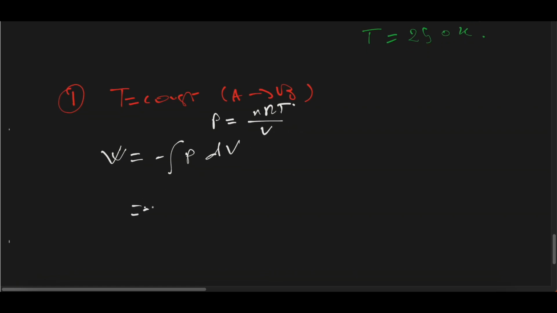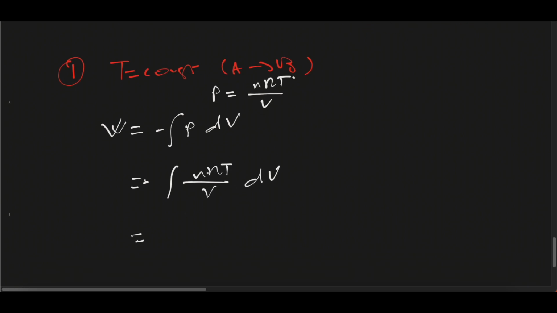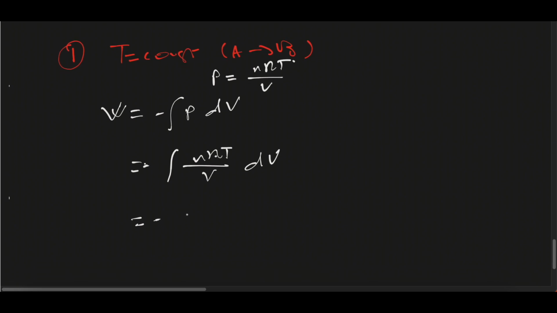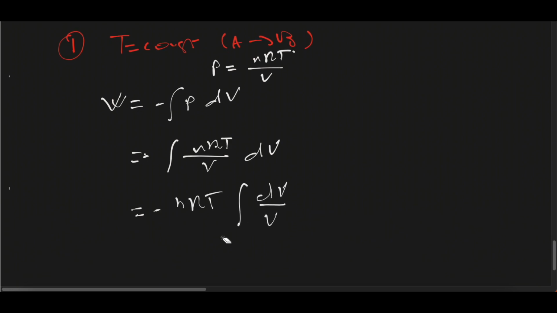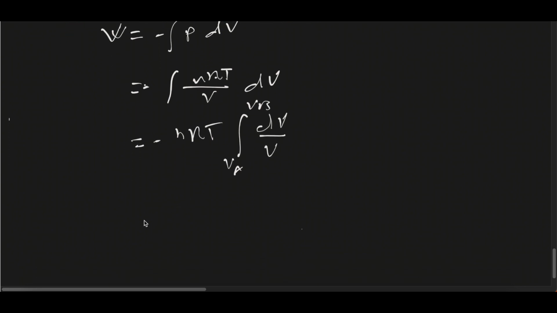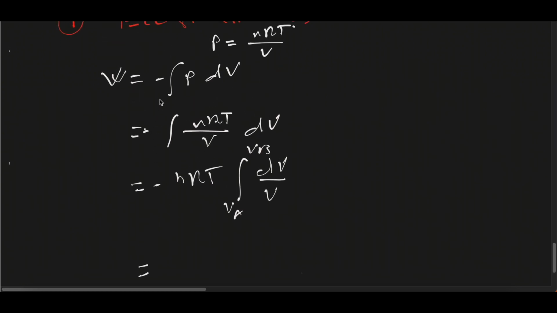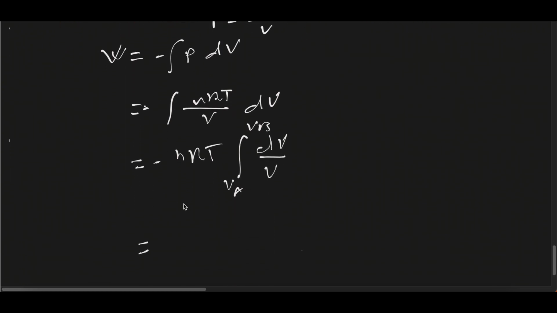So we can write minus nRT over V dV. Now n, R, and T are constant, so they can be removed from the integral. dV over V, from the initial state to the final state. And here is the expression of the work when the process is isothermal.